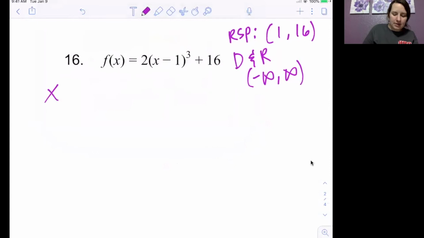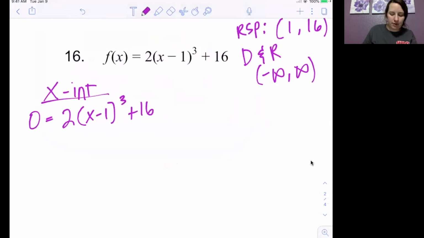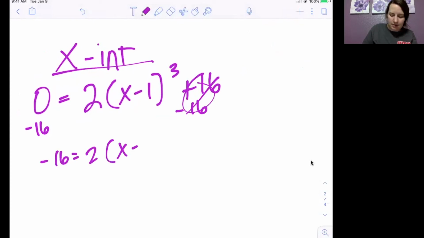For my x-intercept, I'm going to plug in a 0 for y, and then I have 0 equals 2 times x minus 1 cubed plus 16. And we're going to solve for the x. So -16 on both sides: -16 equals 2 times x minus 1 cubed. Divide by 2.